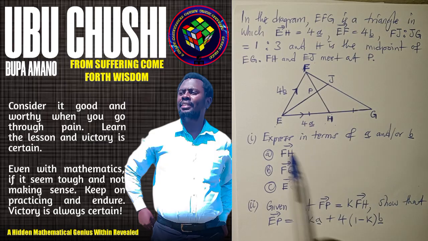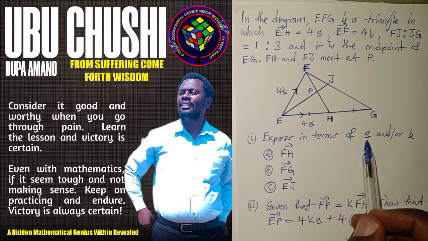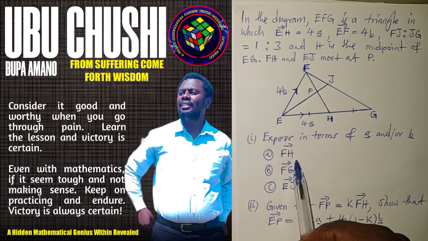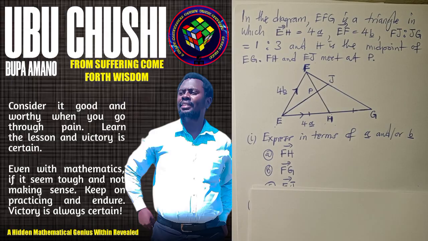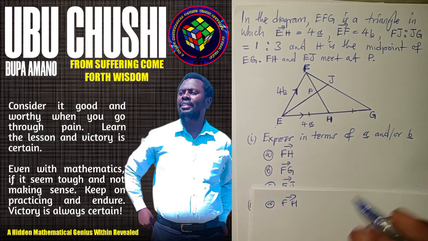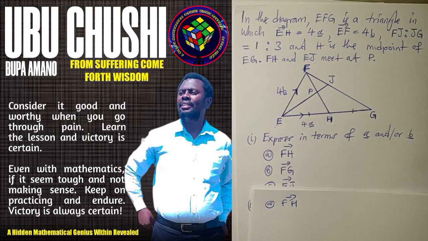Now the question. Express in terms of A and/or B, FH. So we want to find the value for FH, from F going to H. Which routes can we take to get from F to H?